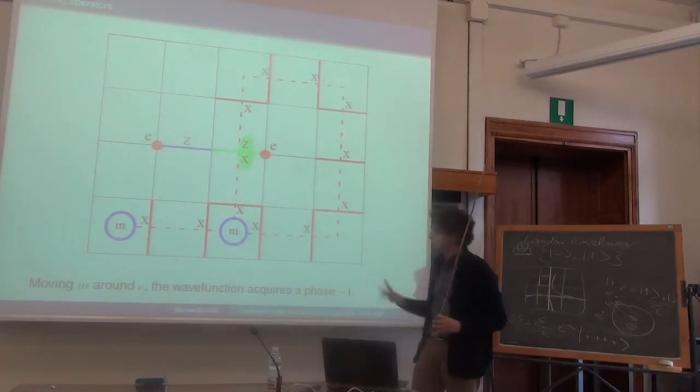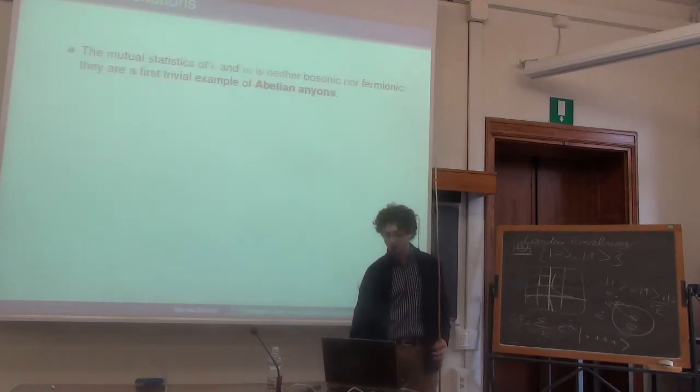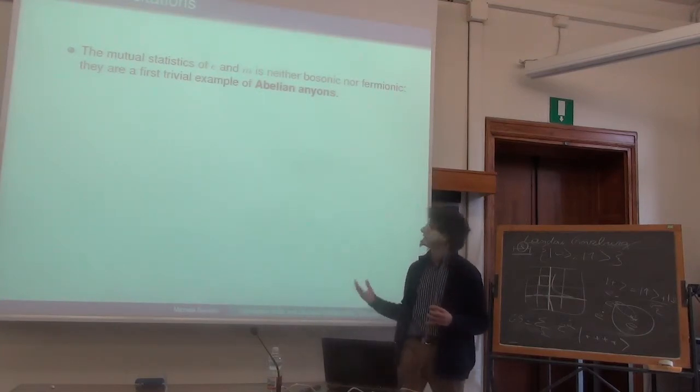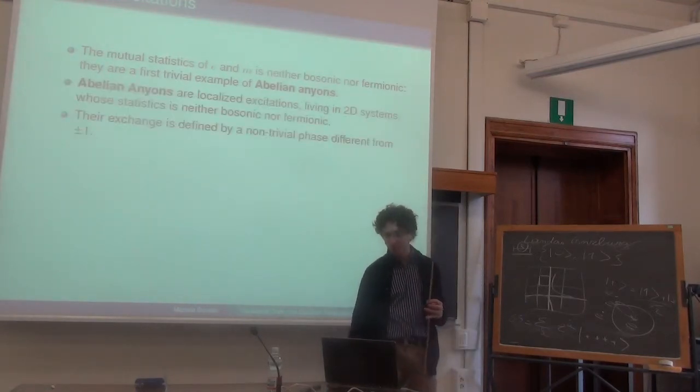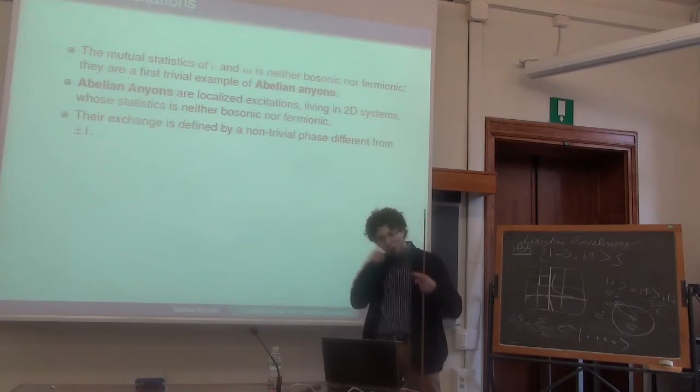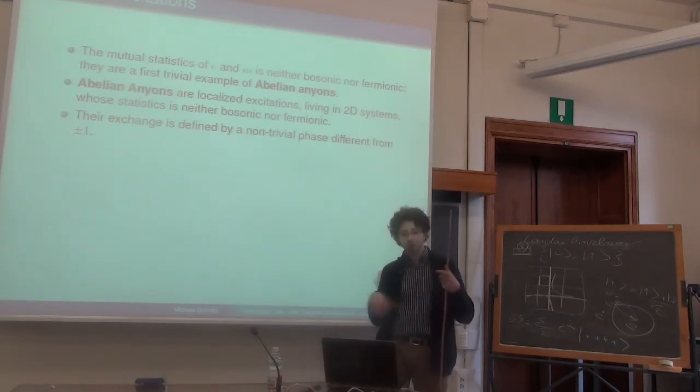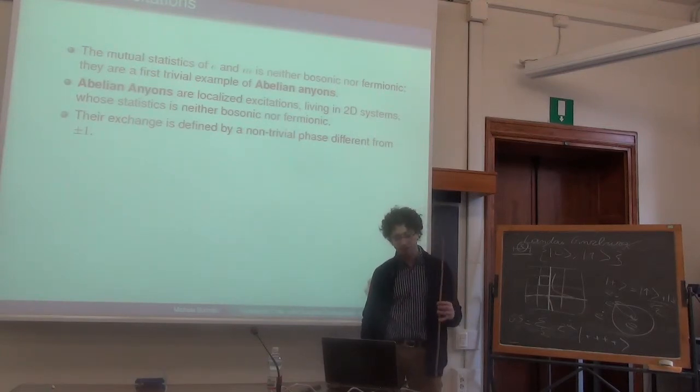Essentially, the exchange of the position of two of these excitations brings you a phase which is i, e to the i pi over 2. That's because essentially two exchanges are equivalent to moving one particle around the other.